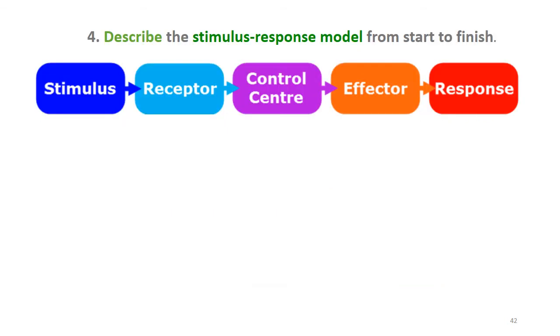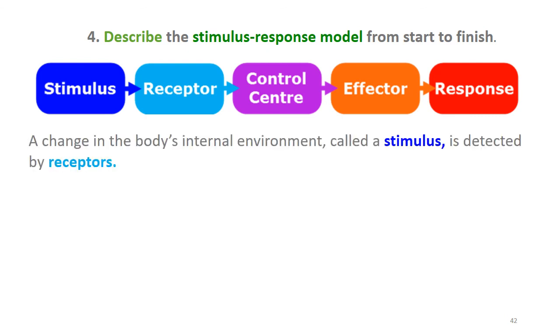Describe the stimulus response model from start to finish. Remember these 5 parts: stimulus, receptor, control centre, effector, and response. A change in the body's internal environment, called the stimulus, is detected by receptors. Receptors send a message to the control centre.